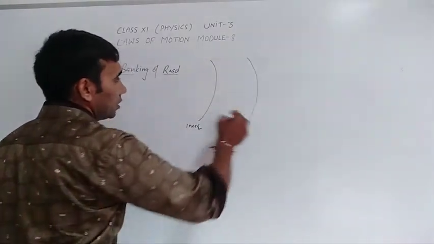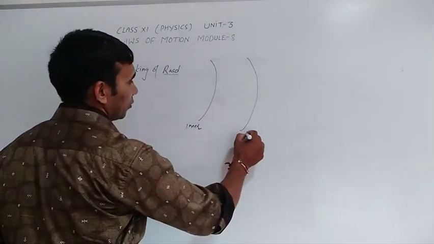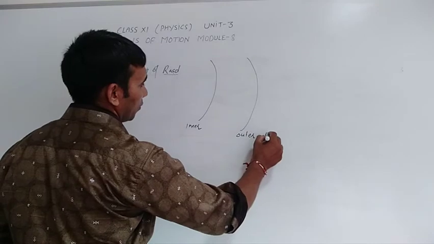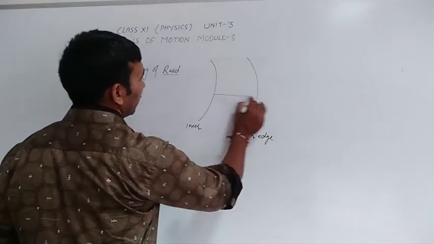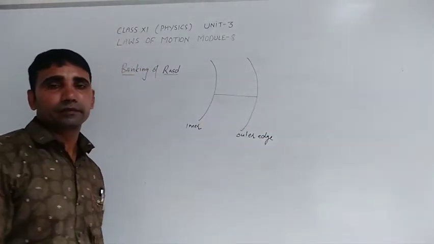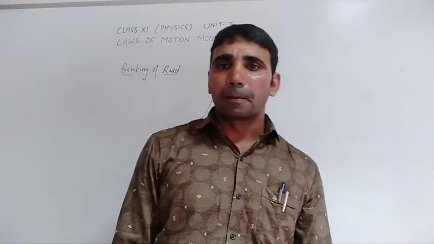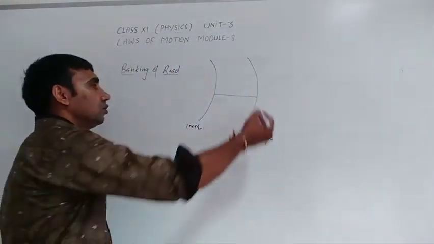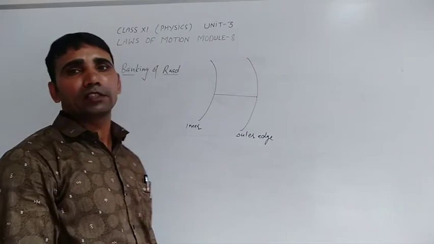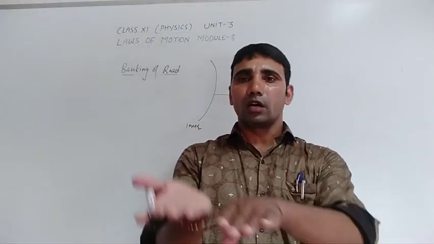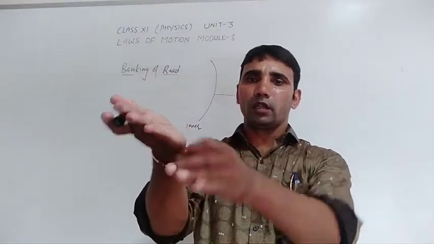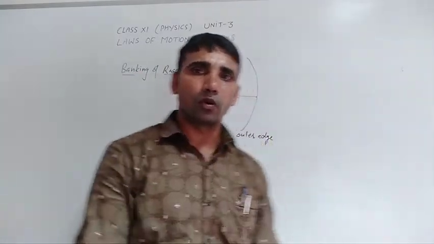This is the outer edge. This is the level road, there is no banking. In banking, the outer edge of the road is given some extra material and raised above the inner edge of the road.